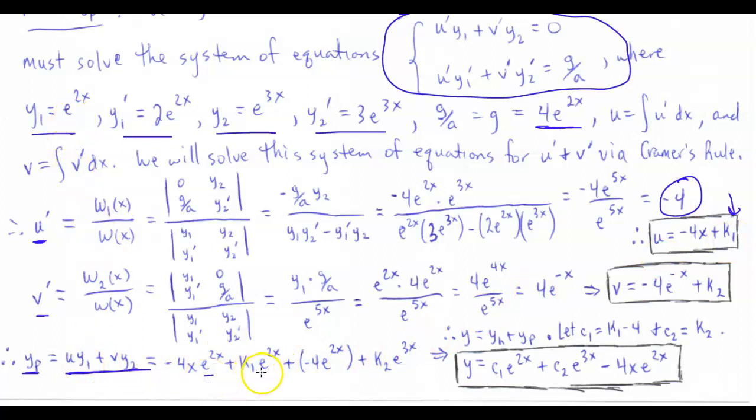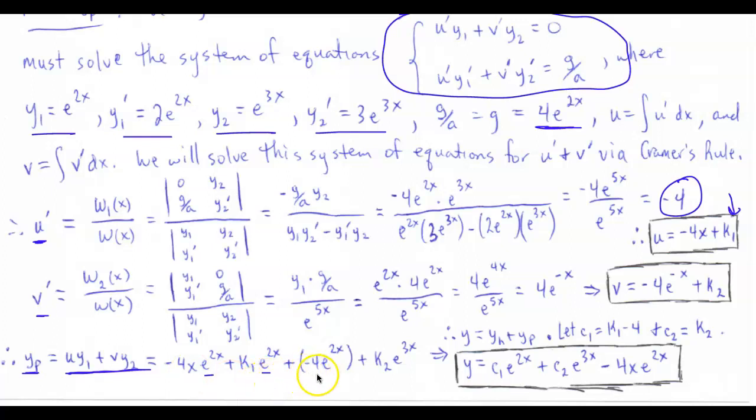So that's why we see the e raised to 2x in both of those terms. And for our v times y2, we see that v ends up being a negative 4e raised to the negative x here, and our y2 ends up being e raised to the 3x.